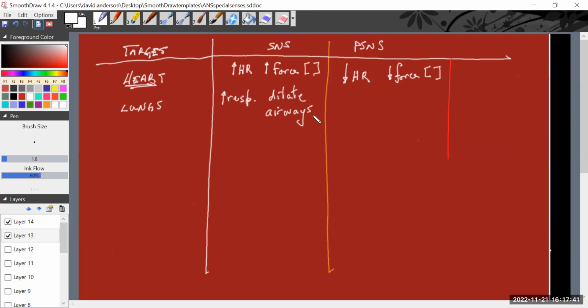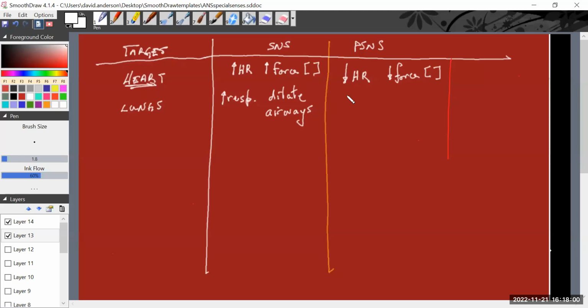And that kind of makes sense because if we dilate the airways, we're going to get more oxygen delivered to the lungs, which means more oxygen delivered to the different cells and tissues in the body that need it for fight or flight in order to be able to make ATP.